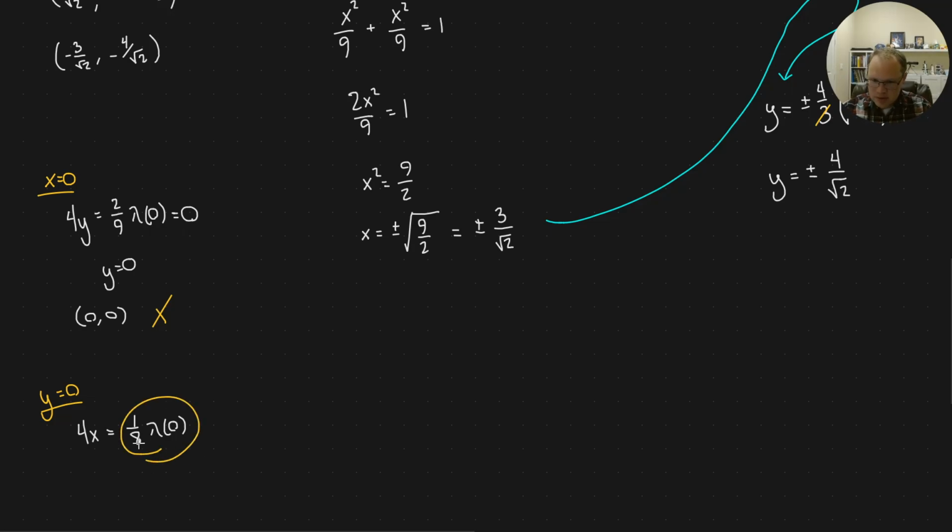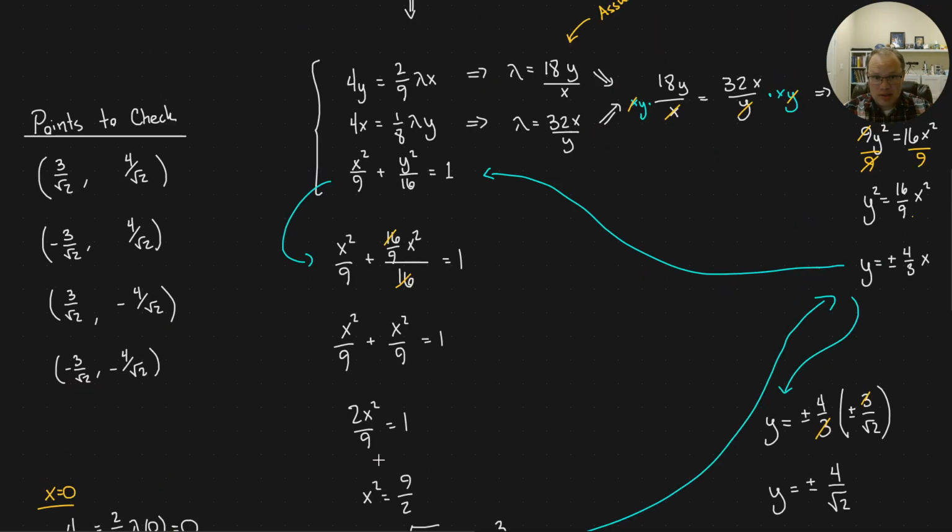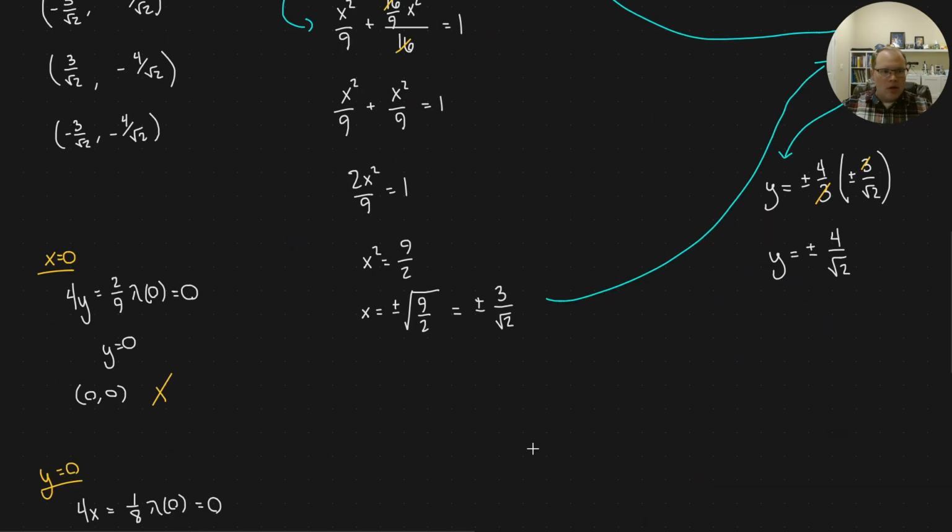Now, of course, 0 times anything is 0, so this whole right-hand side is 0, which means this could only happen if x is also equal to 0. So we would need y equals 0 and x equals 0, and we have exactly the same situation as before. We've already said that 0, 0 cannot possibly be a solution to the system because it cannot satisfy this last equation. We're only interested in x, y points that satisfy all three equations.